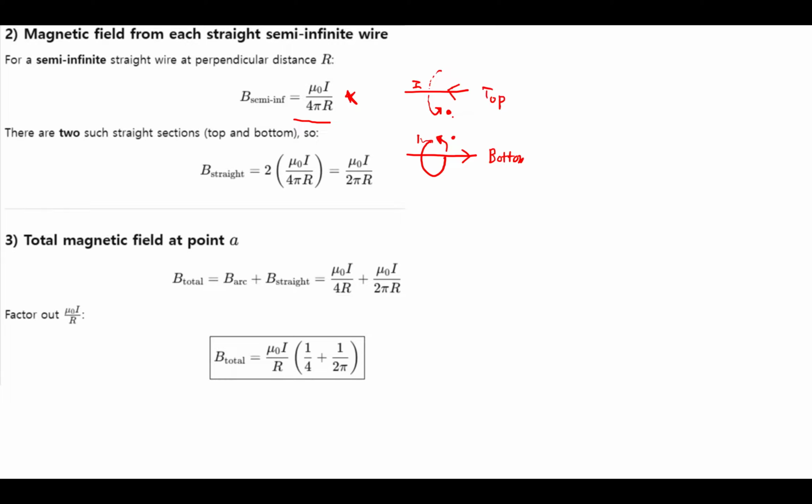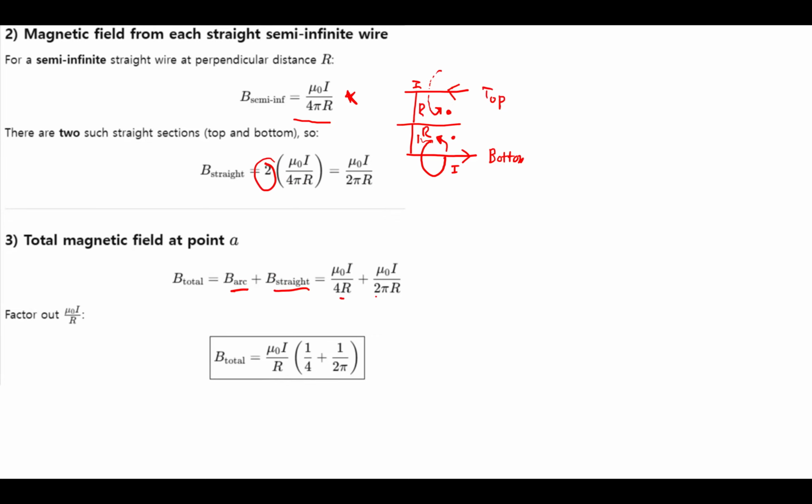So magnetic field should be the same direction. So that if you add them together, because it's the same distance R, and same current I, it should be 2. Okay. And then we know the contribution from the arc and the contribution from the straight.